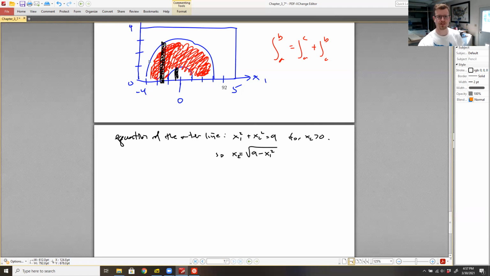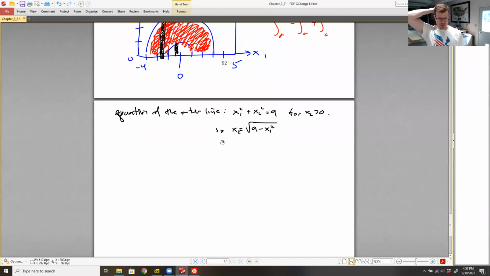So that's going to give us the values up here. Since I took the square root, I'm looking at the positive values. So I am looking at exactly this line, and there's nothing to worry about.